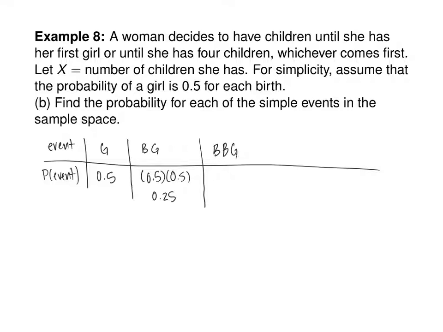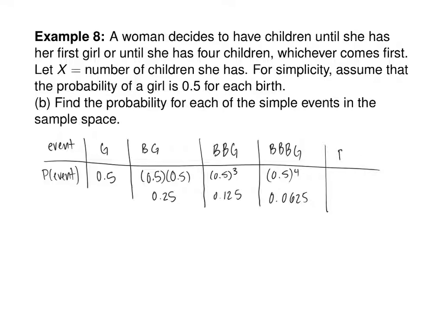How about boy, boy, girl? 0.5 cubed, right? Because 0.5 for the boy, 0.5 for the boy, 0.5 for the girl. 0.125. And then how about boy, boy, boy, girl? That's going to be 0.5 to the 4th, which is 0.0625, I believe. In this case, definitely don't round those, okay?